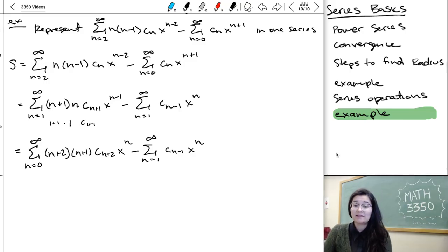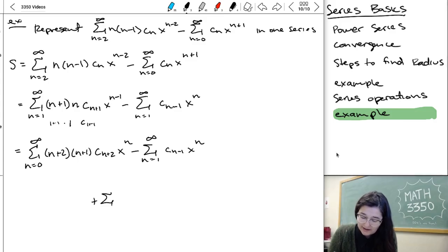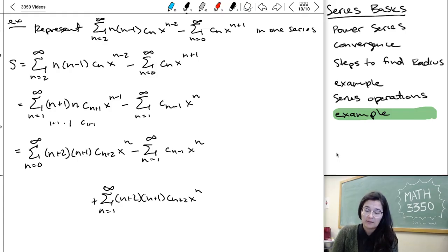So the way that I deal with this incorrect index is I say, okay, I really need this to be the sum from n equals 1 to infinity of (n plus 2)(n plus 1) c sub n plus 2 times x to the n. I need x^n, so I can't change anything inside that, but it has to start from 1, because I need it to match this other one I have that already starts from 1.